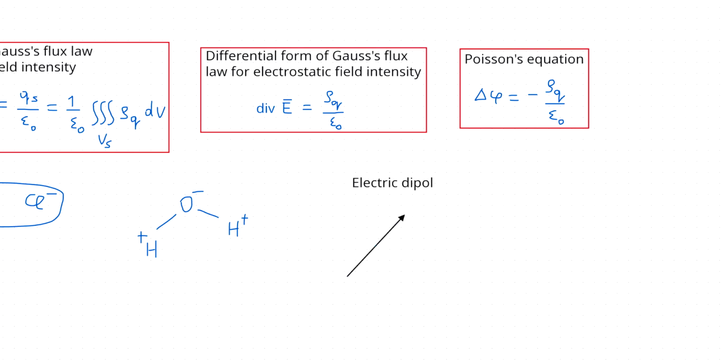So here we have positive charge plus q, negative charge minus q. And we have a vector that begins on the negative charge and ends on the positive charge.